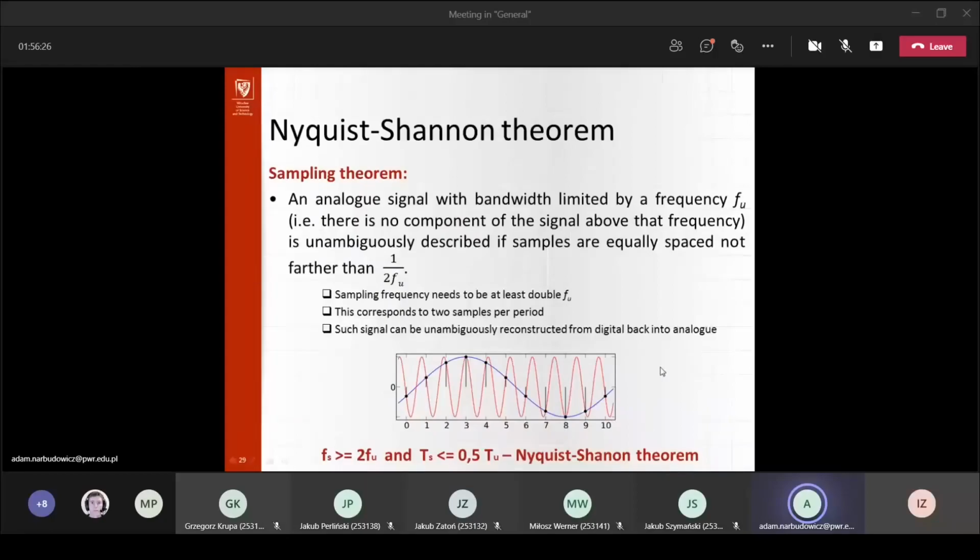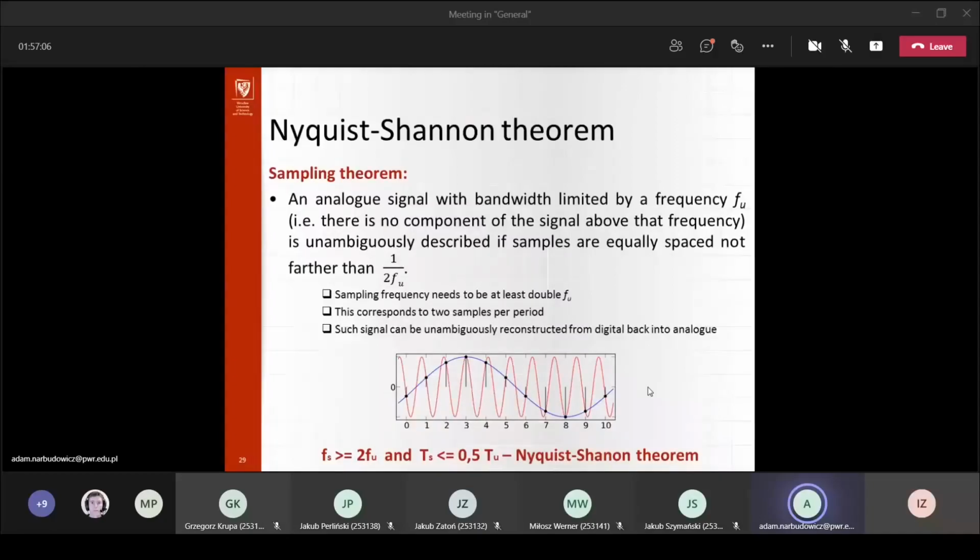Okay, but basically the rule is that when discretizing the time, you need at least 2 samples per period, which corresponds to a sampling frequency double the highest frequency of your signal, and then you can recover your signal without losing any information. Is that clear? I ask because this is really one of the most important concepts that we are discussing here.